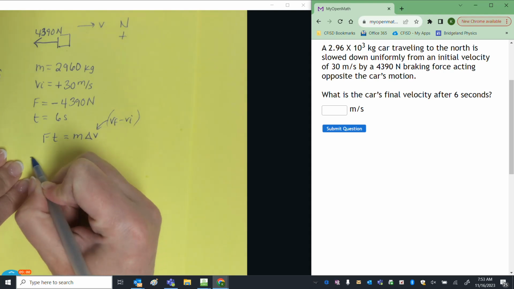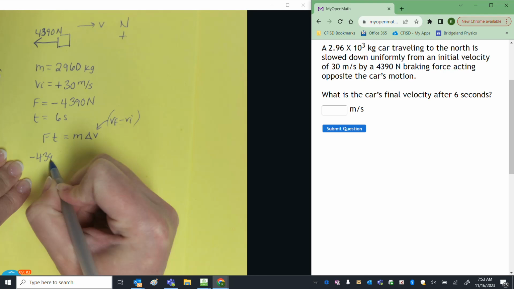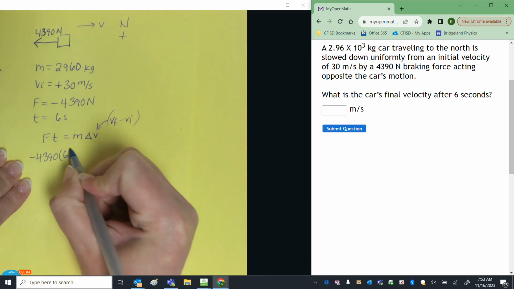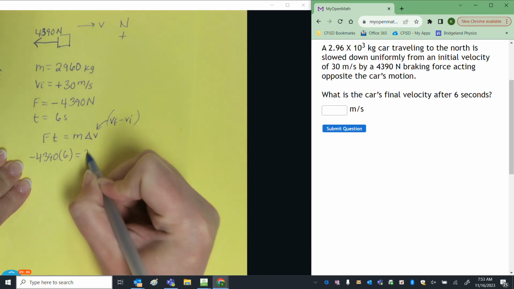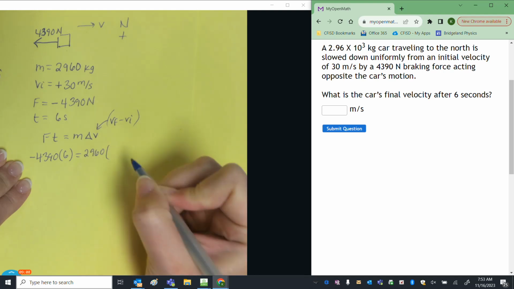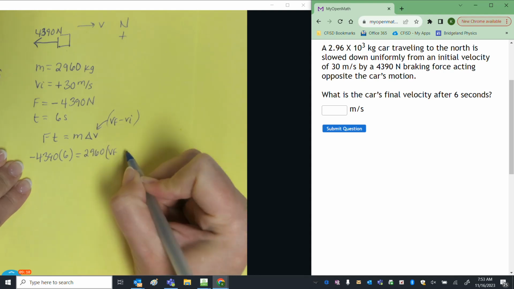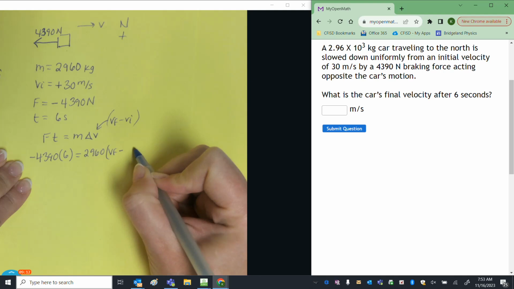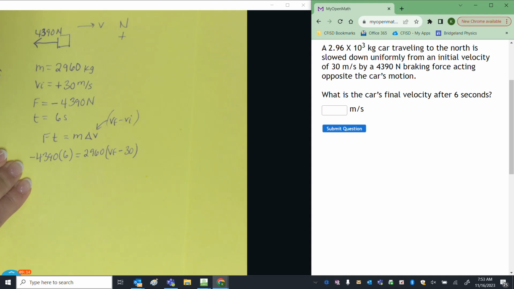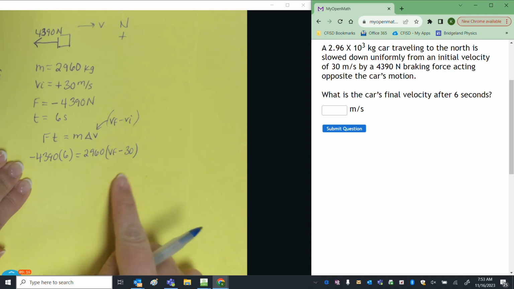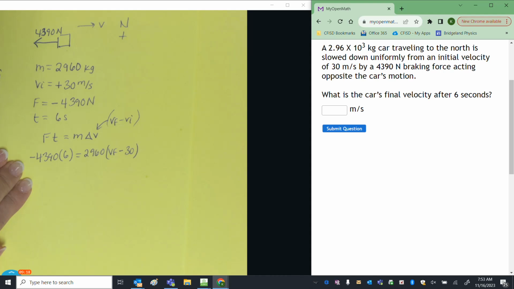But I'm going to do negative 4,390 times 6 equals my mass, 2,960, times VF, which is what I'm trying to find, minus 30. Okay, I'm just going to plug it in with VF minus VI instead of delta V. You could solve for delta V first and then find final velocity, and that is also fine.